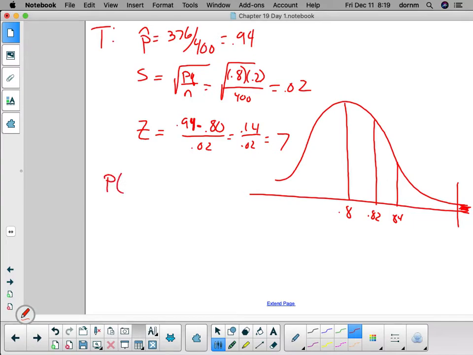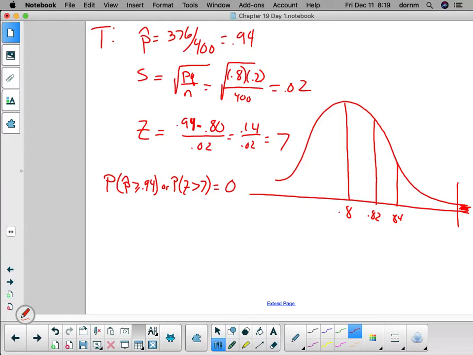Finally, we could probably say the probability that P hat is greater than or equal to 0.94, or the probability that Z is greater than 7 equals, and if you put this in your calculator, it's going to give you 0, I think.